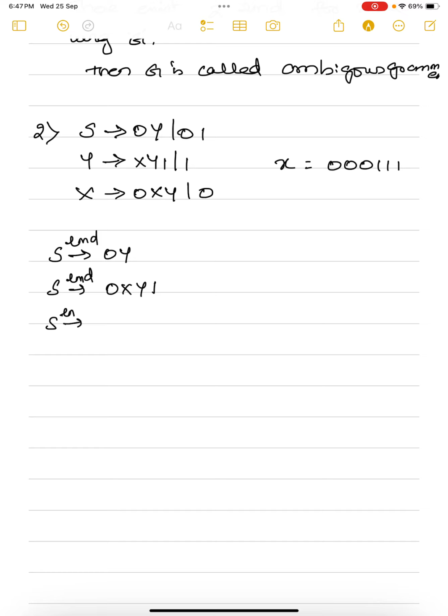Again leftmost, so you have to replace this X. Let me replace this X with 0, since you have a production Y goes to XY1. Here, since you have a production X goes to 0.